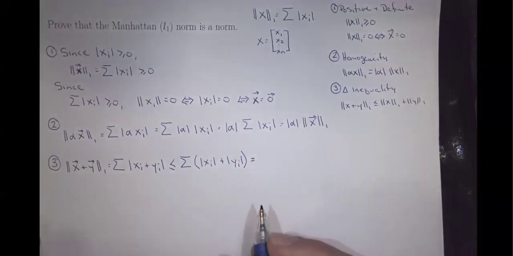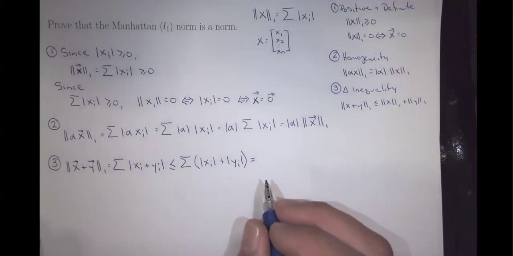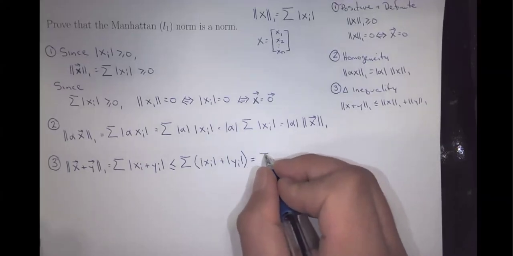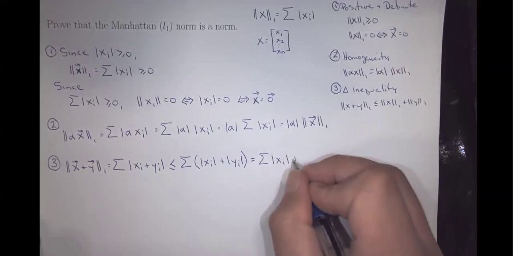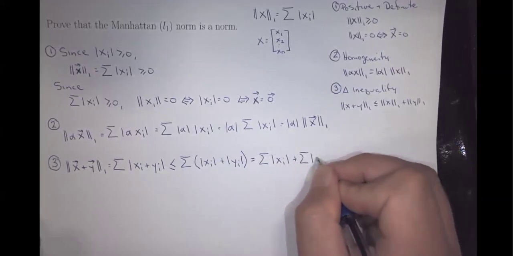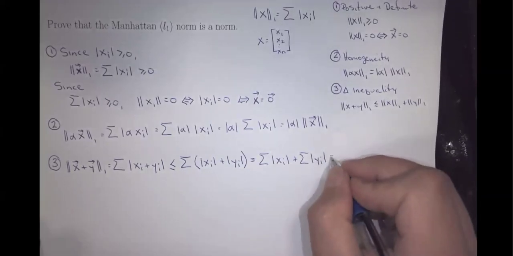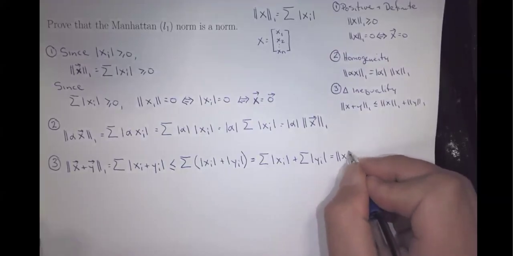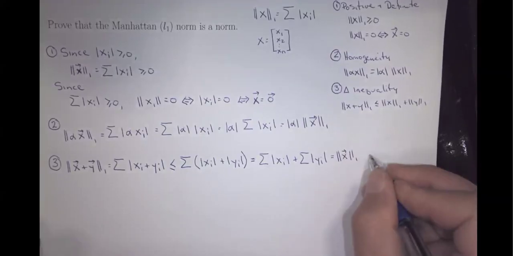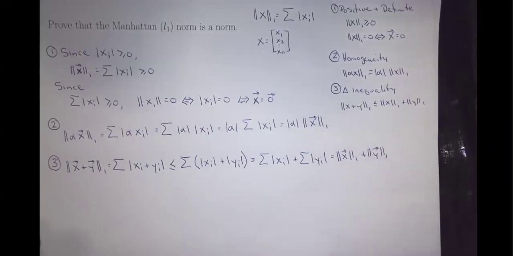This is then equal to the sum of the absolute values of the xi's plus the sum of the absolute values of the yi's. The sum of the absolute value of the xi's is the one norm for x. And this is the one norm for y.